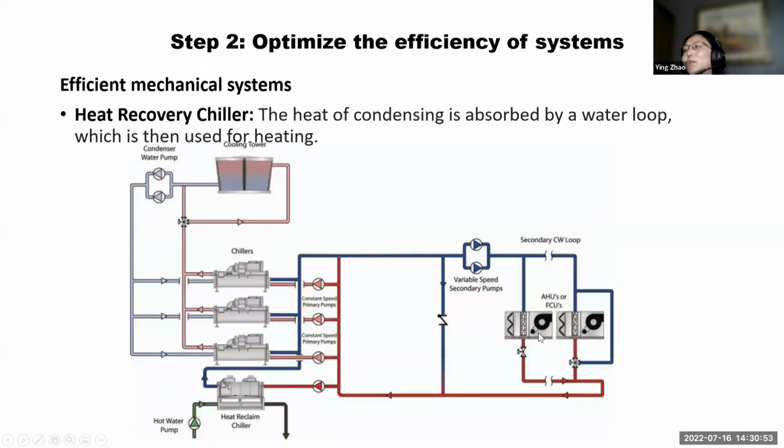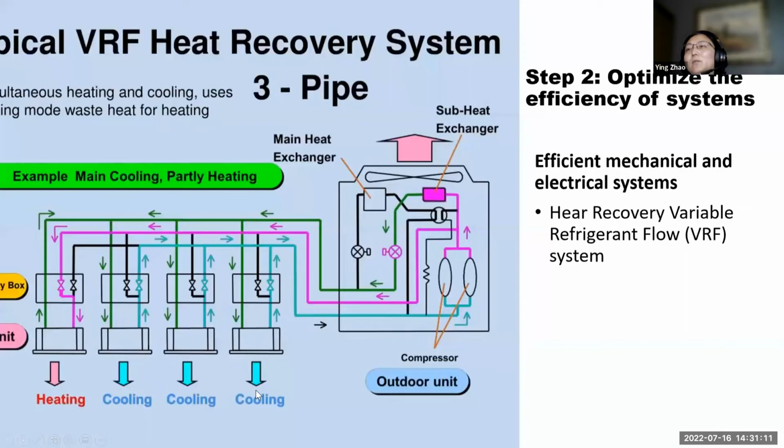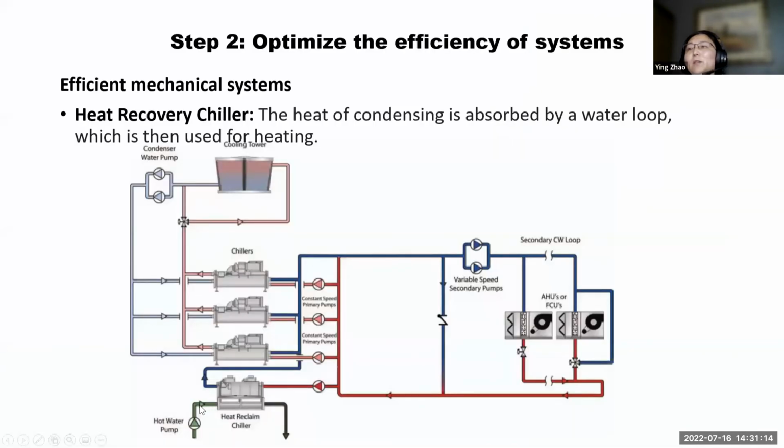When the water goes out of the air handler, the temperature is higher, and traditionally that heat goes back to the chiller and is rejected from the cooling tower. But a heat recovery chiller uses that heat, it's basically a heat pump, to heat the service water loop. So you can use hot water for a shower or a hot water sink, something like that. So that's a heat recovery chiller.